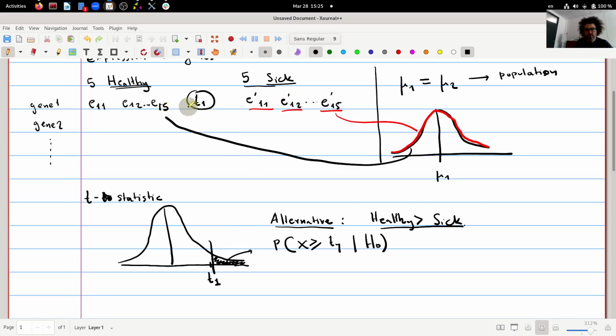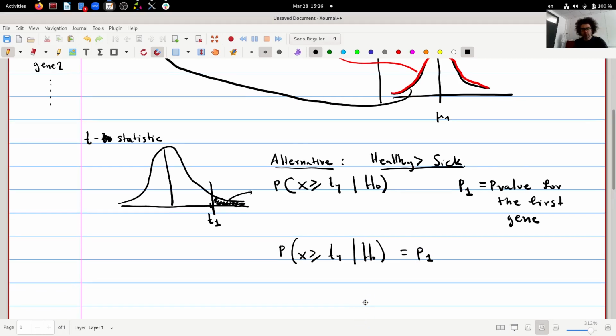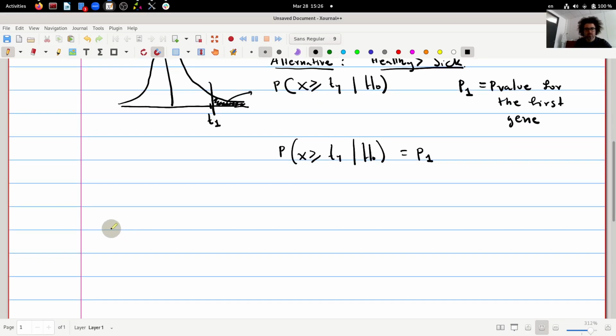So if p1 is the p-value for the first gene, then it means that this probability here equals p1.